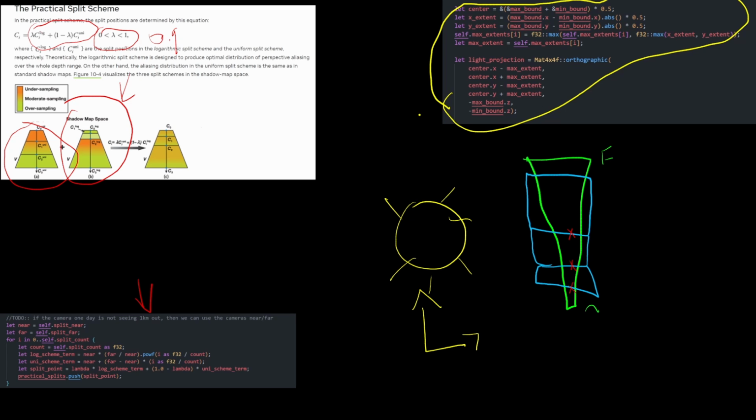In the paper, there's a bunch of other cool stuff and implementation details, and they do talk about this bounding box and what coordinate spaces it should be in, and that is helpful. Again, they don't talk about the rotational issue, but essentially what I do is the split that comes in from the PSSM algorithm is in world space, and then you can calculate, using a little trigonometry, the 8 points that make up this part of the segment of the frustum.